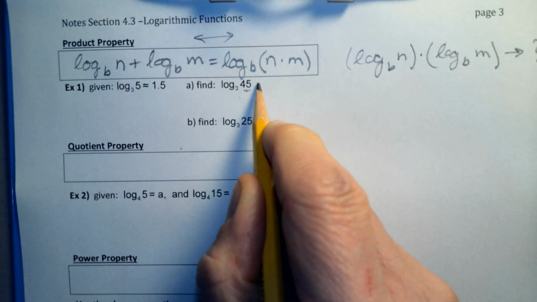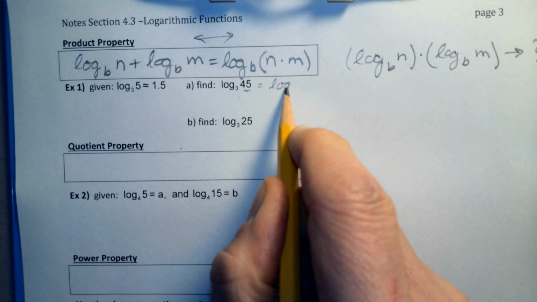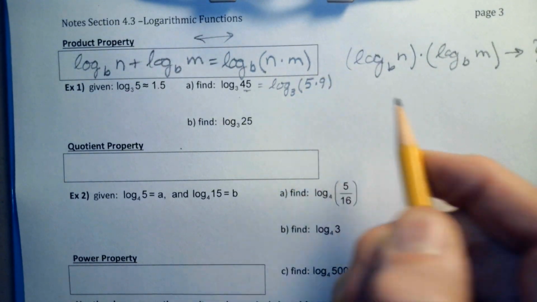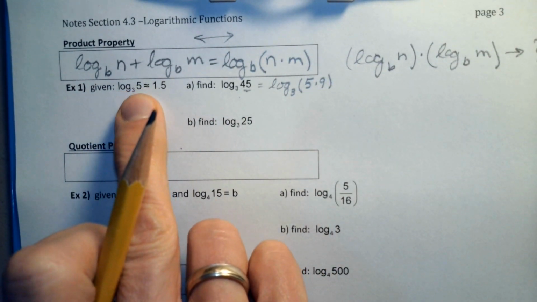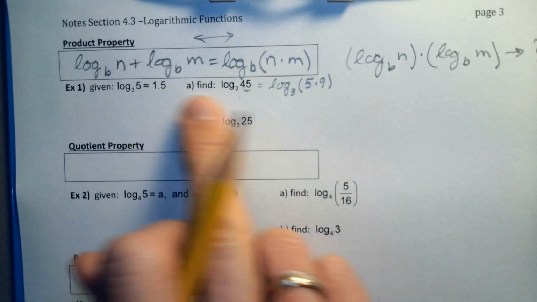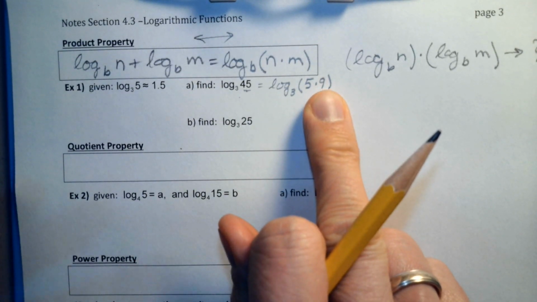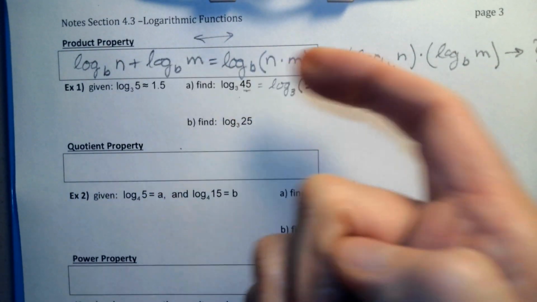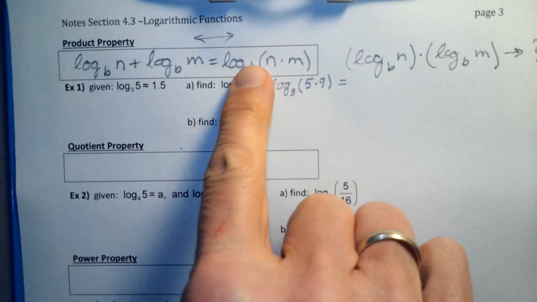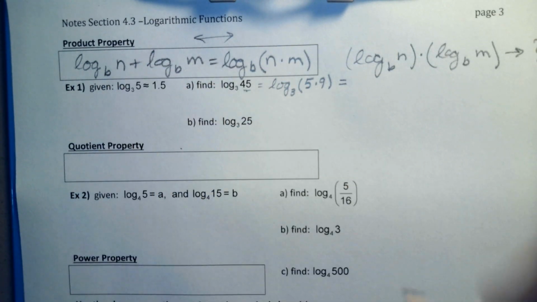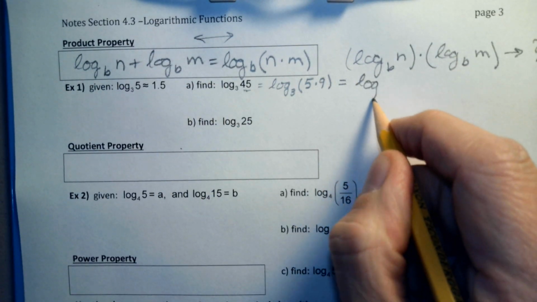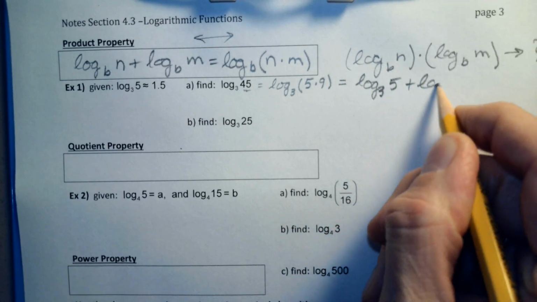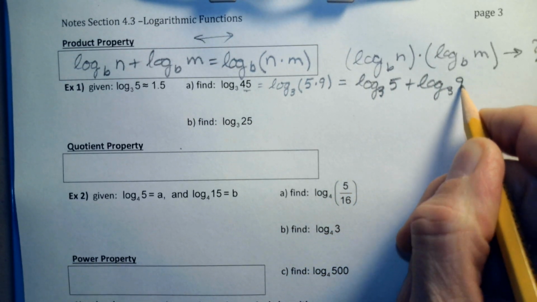So we could take this and write it as log base 3 of 5 times 9. Now you might say, oh, we don't know what log base 3 of 9 is. We were only given log base 3 of 5, but we know what log base 3 of 9 is. We were doing that on the other page. So using this rule in that direction, we can break it up. So that's log base 3 of 5 plus log base 3 of 9.